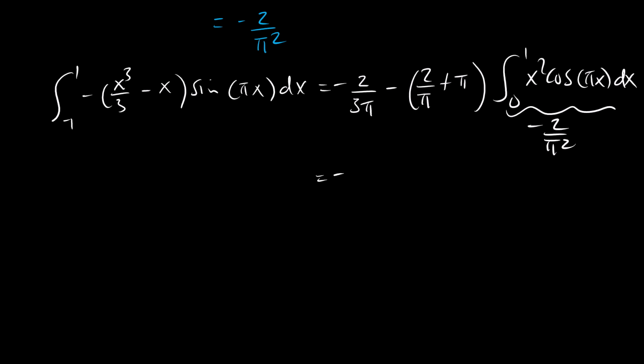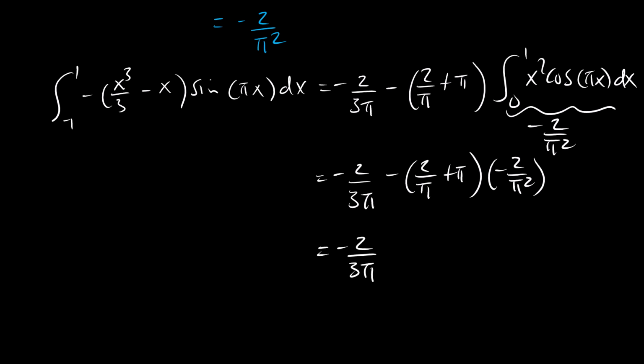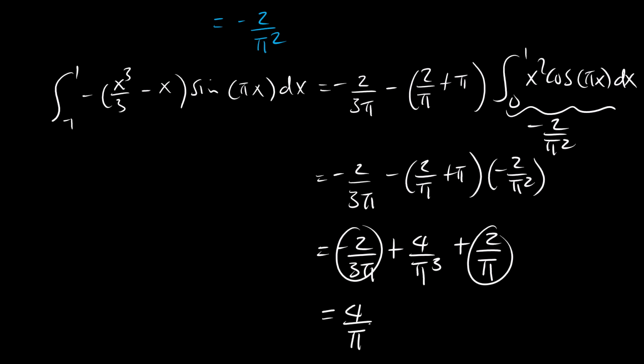Therefore, this becomes 2 over 3 pi, negative 2 over pi, plus pi times negative 2 over pi squared, and this becomes negative 2 over 3 pi plus 4 over pi cubed plus 2 over pi. This and this interact, so we have 4 over pi cubed plus 3 pi in the denominator. We have negative 2 plus 6.